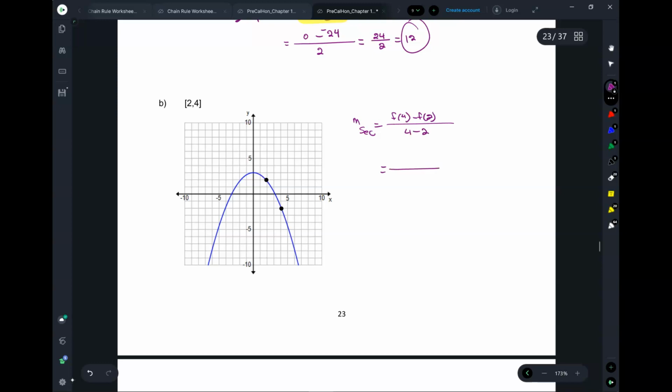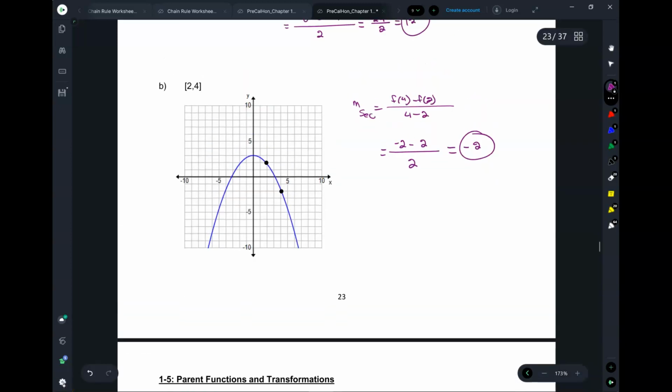F of 4 is -2. F of 2 is 2. All over 2, that's so many 2's, but it's still -2. Okay? So that is the average rate of change. And that's the end of section 4.